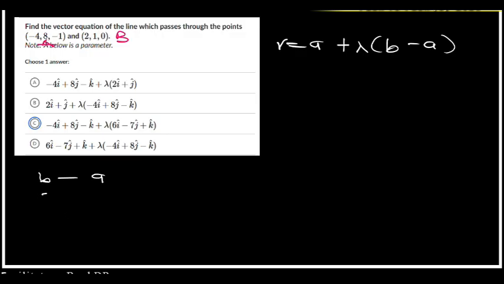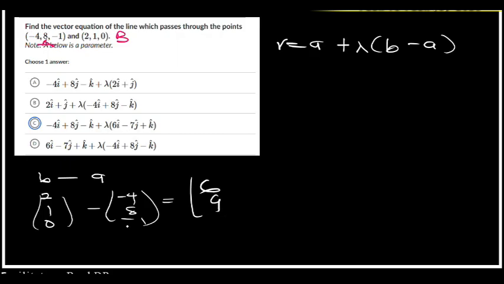So we are going to have 2, 1, 0 for our B, and then negative 4, 8, -1 for our A. When we perform this subtraction, we are going to have 6, then 9, and then 1.